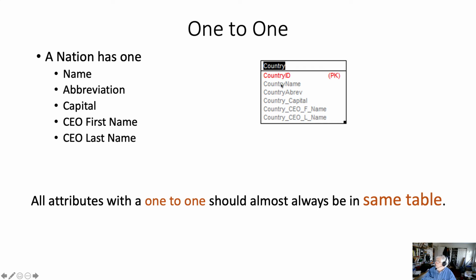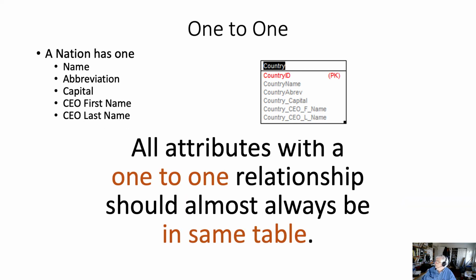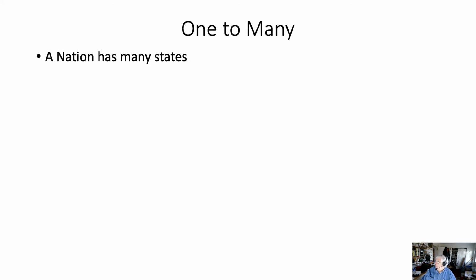So all these one-to-ones you want to group together, just because it makes it easier to get to anything you want about the country. Every country has one and only one, so put them in the same table. So all attributes with a one-to-one relationship should almost always be in the same table.